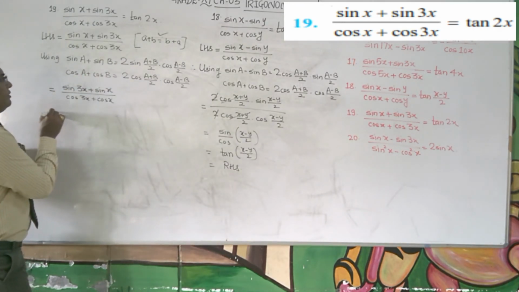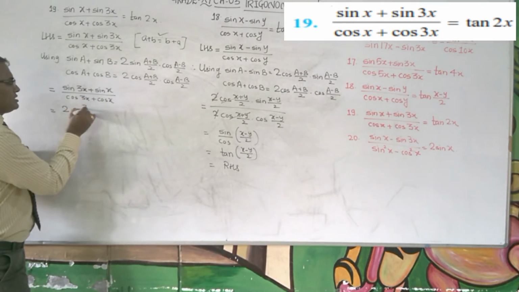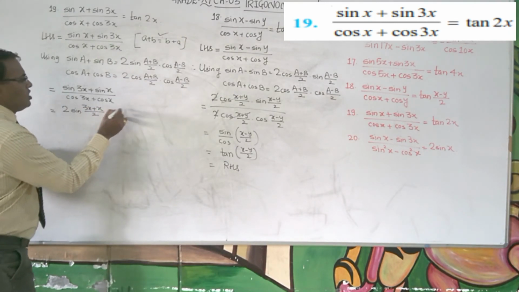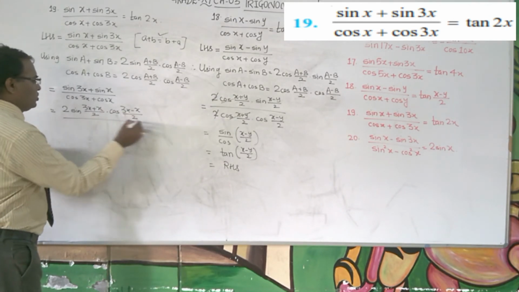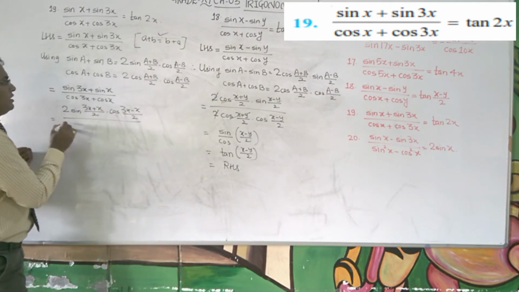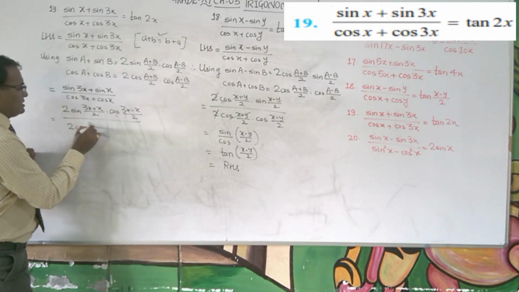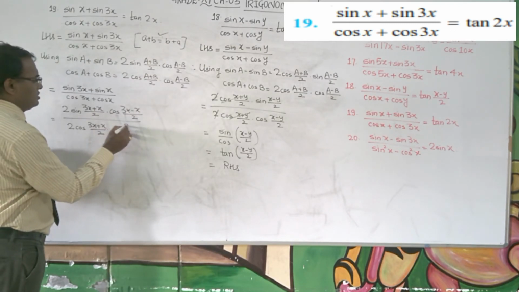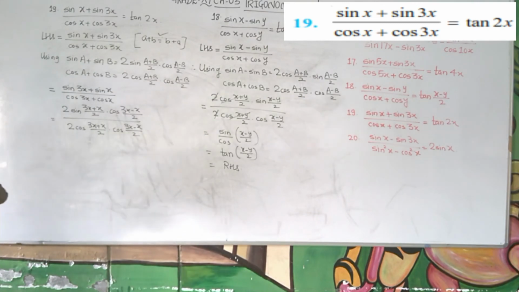So it will become, according to the formula, 2 into sin((3x plus x) upon 2) into cos((3x minus x) upon 2), total divided by 2 into cos((3x plus x) upon 2) into cos((3x minus x) upon 2). Is that okay?